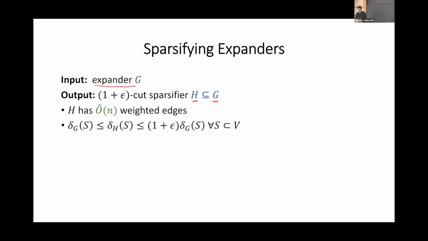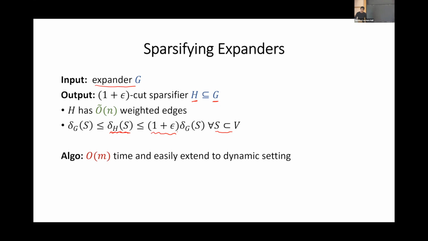And it should preserve the cut size. That is, the cut size of every set S in the graph H should be within a 1 plus epsilon factor of the cut size in the original graph. So that's what it means by a 1 plus epsilon cut sparsifier.